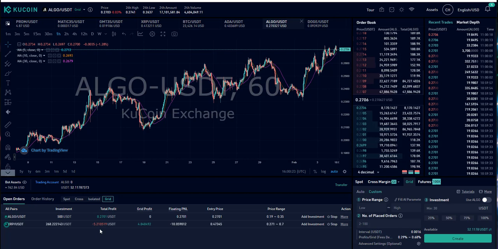So this is the fun of the bot. As soon as you start it, you noticed it automatically was in the red, and now I've made 27 cents. But you see this grid profit is 0, right? So what that's telling me is that the reason we've made 27 cents is because the $500 worth of algo is now worth $500.27.